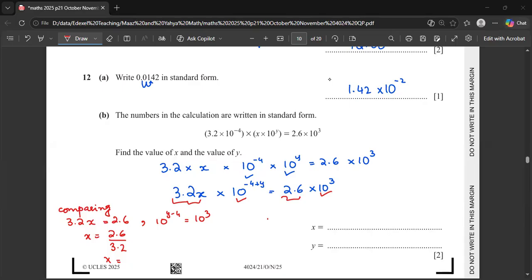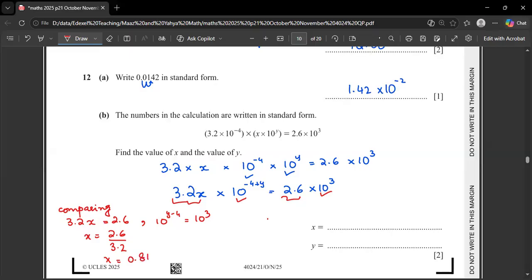Okay. Yes, 0.8125. And what about this number?